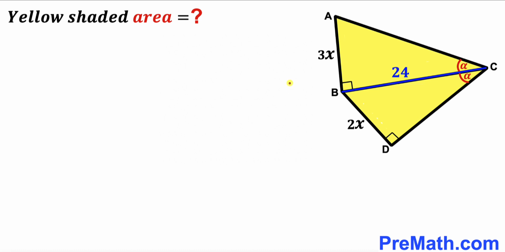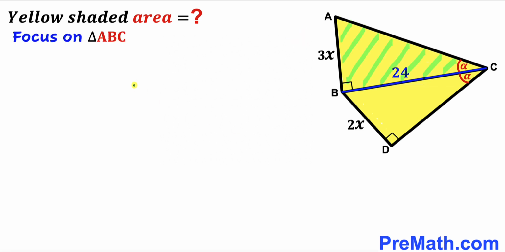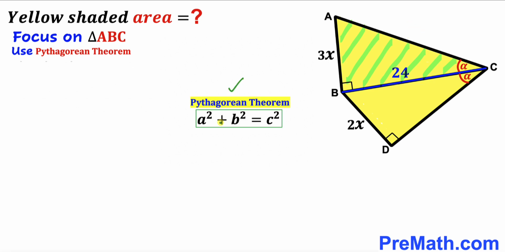Before we can calculate the area of this yellow shaded region, we must find the value of x first. Here's our very first step. Let's focus on this right triangle ABC. We are going to apply the Pythagorean theorem on this triangle to calculate side length AC. Here's our Pythagorean theorem: a squared plus b squared equals c squared.